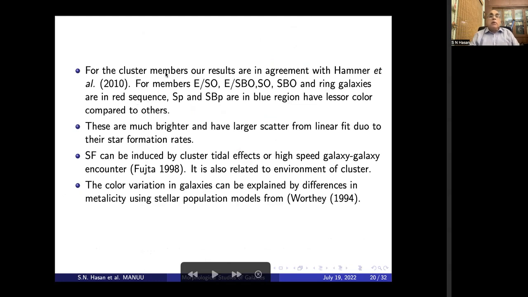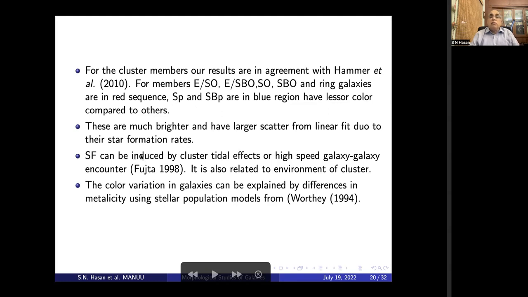For the cluster members, our results are in agreement with Ammer et al. Members, ellipticals, lenticulars with barred lenticulars, S0s, SB0s and ring galaxies are in the red sequence, and spirals and barred spirals are in the blue region and have lesser color compared to the others.